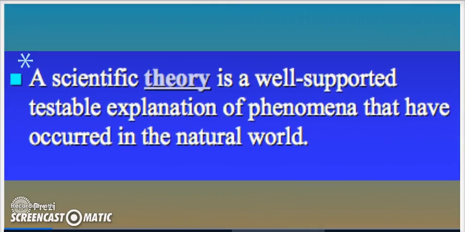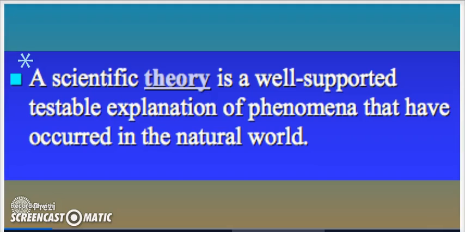I want to remind you we did some activities to support this idea of what a theory is, but I want you to write this down as well. A scientific theory, if you remember, is a well-supported, testable explanation of phenomena that have occurred in the natural world.